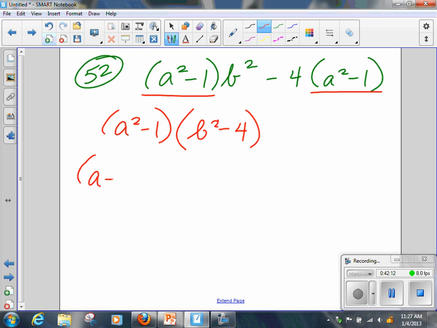Here we go. A minus 1. A plus 1, yes? B minus 2. B plus 2. Any way to clean that up? Or is that about as clean as it can get? That's about all we can do with that. Right on?